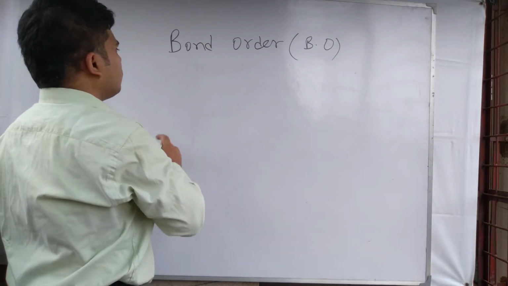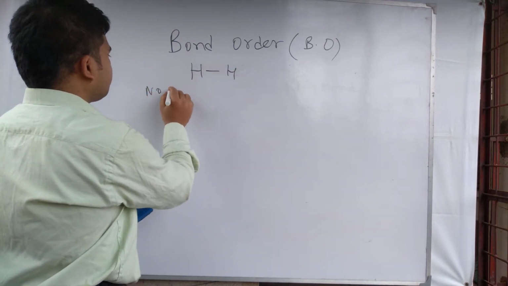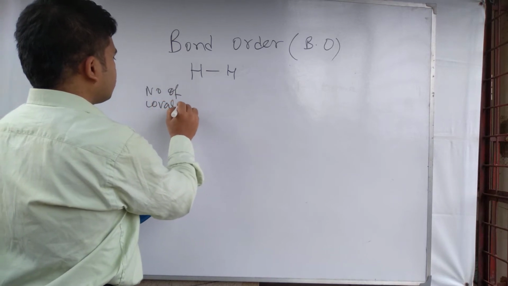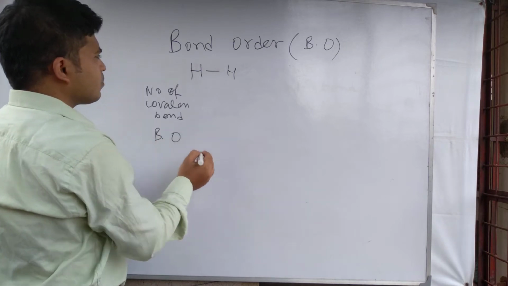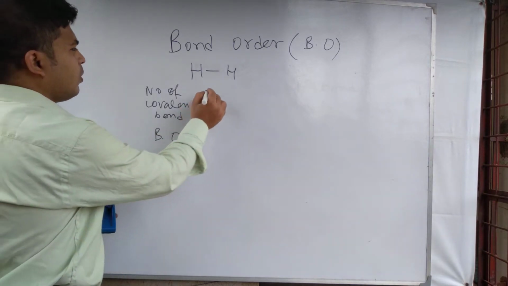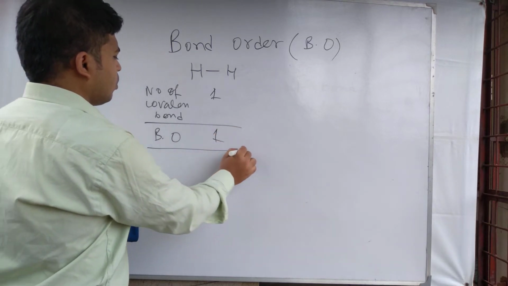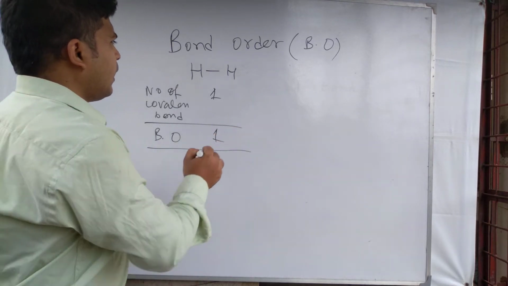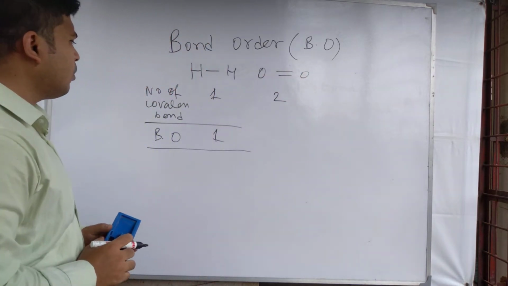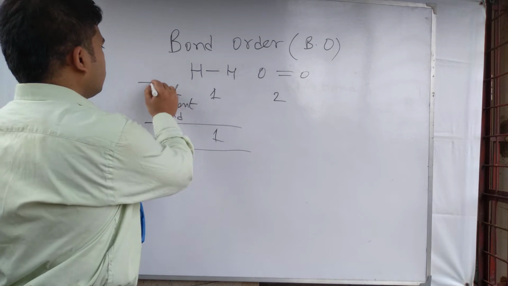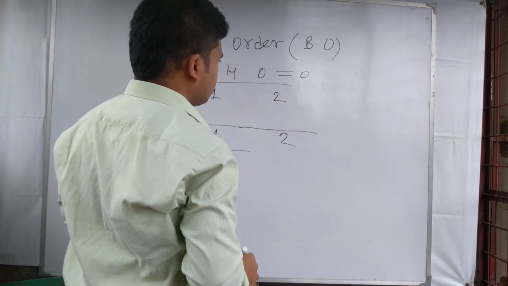As for example, H2: number of covalent bonds and bond order. In case of the H2 molecule, the number of covalent bonds is 1, so the bond order is also 1. And for the O2 molecule, the number of covalent bonds is 2, and the bond order is also 2.